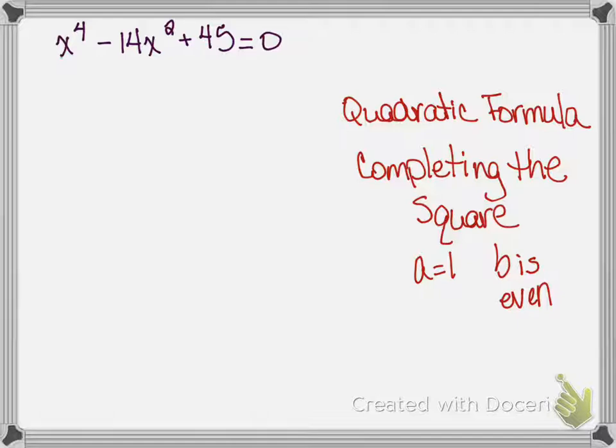However, when your A value is not 1 and/or your B value is not even, then I recommend the quadratic formula. You can do either on any quadratic that's not factorable, or on any quadratic that is factorable, and you will get the correct answer. So you can use either method, even if it's factorable.